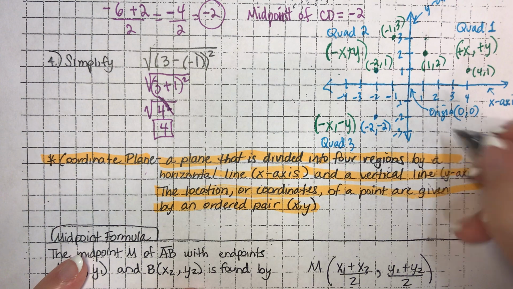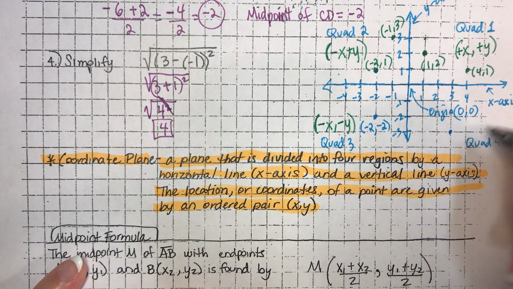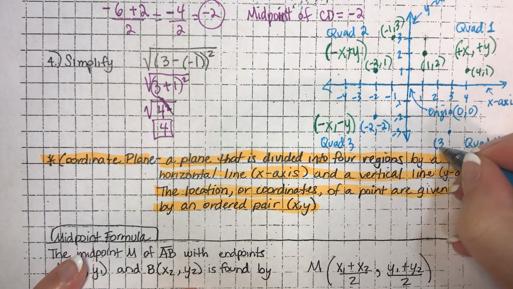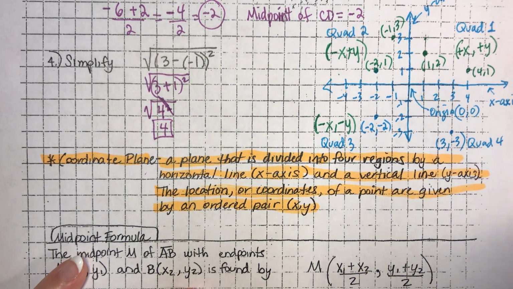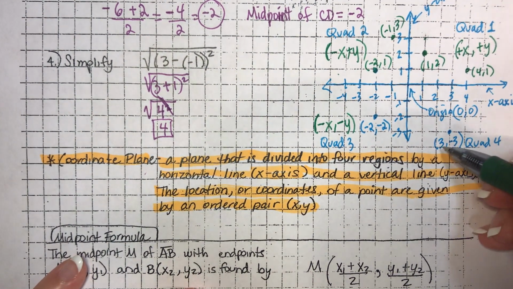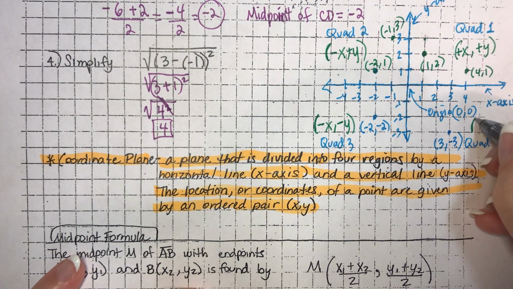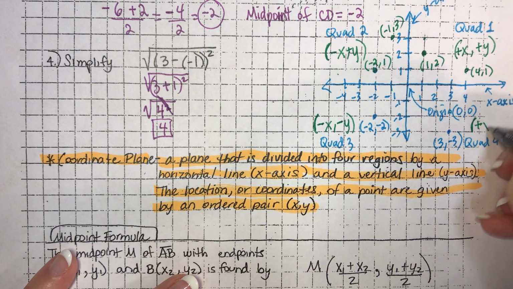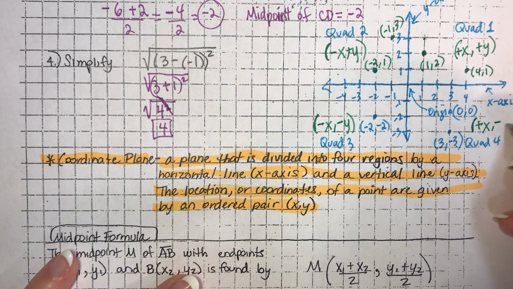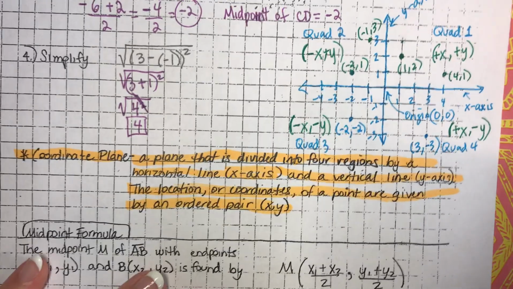Let's look at a point like this one right here. The x is 3 and the y is -3. So the x is positive, but the y is negative, and that's the rule for any point in quadrant 4. The x is positive and the y is negative.